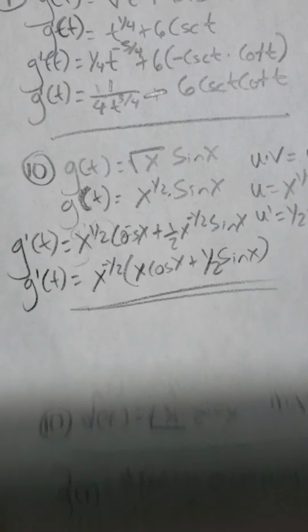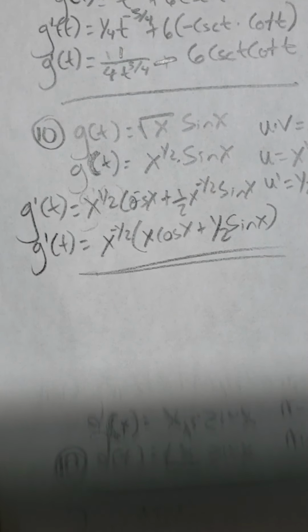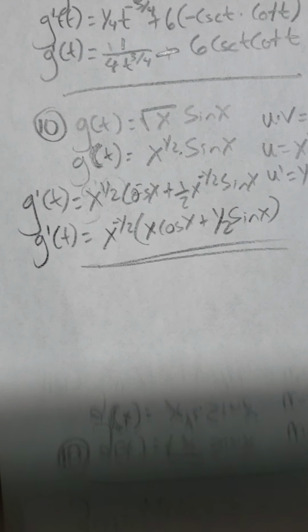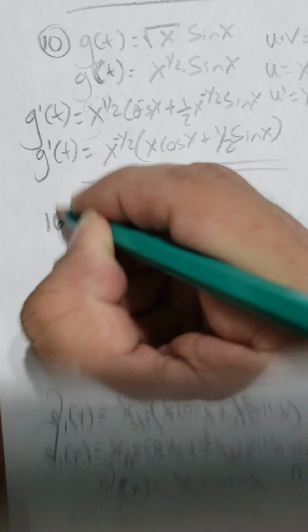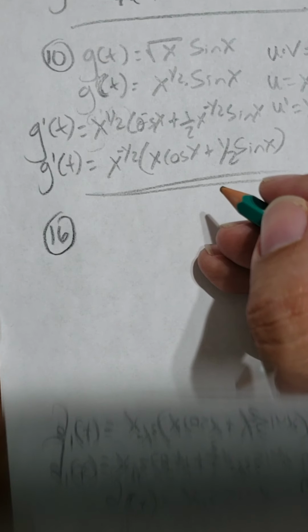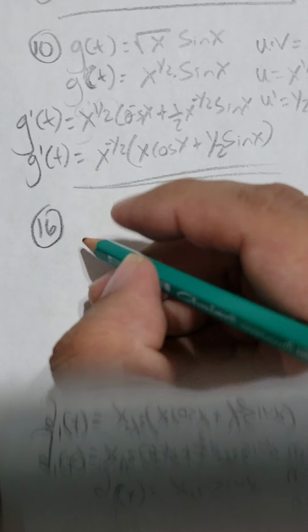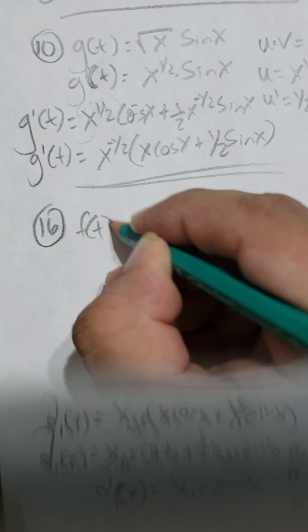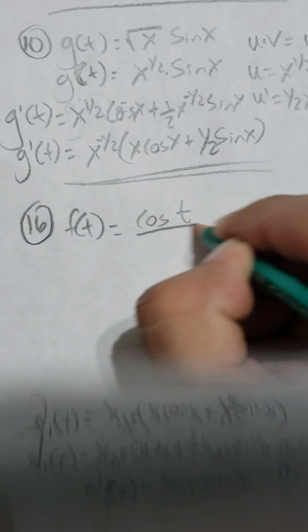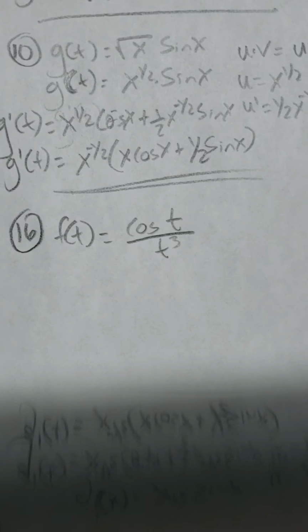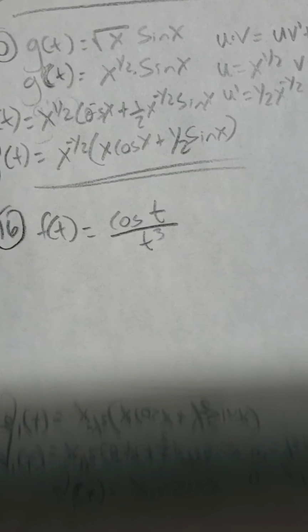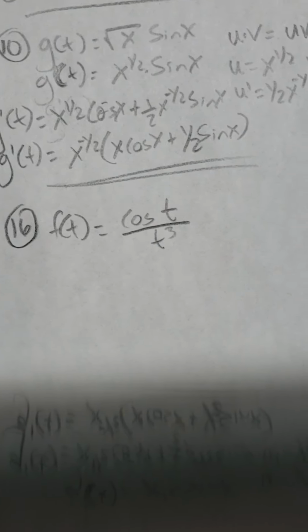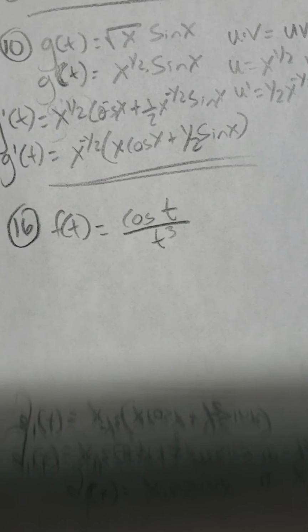And that is the simplest form of this one. Now, I will solve number 16 in this part. In number 16, we have cosine of t divided by t to the 3rd power. In this exercise, we have to use the quotient rule.